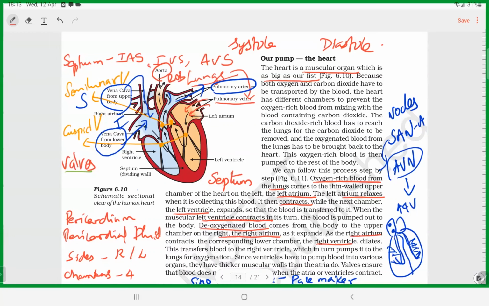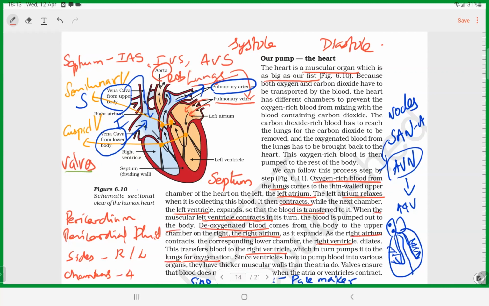And then from the right ventricle, blood goes to the lungs for oxygenation. From the left ventricle, blood goes to all parts of the body.